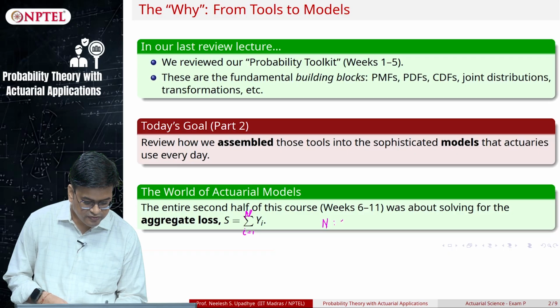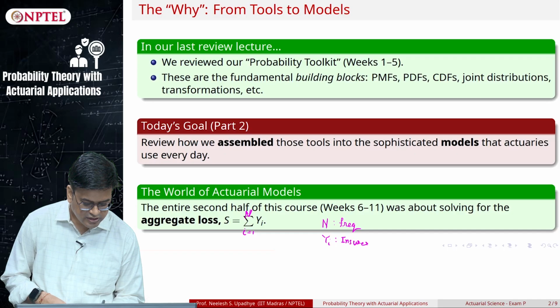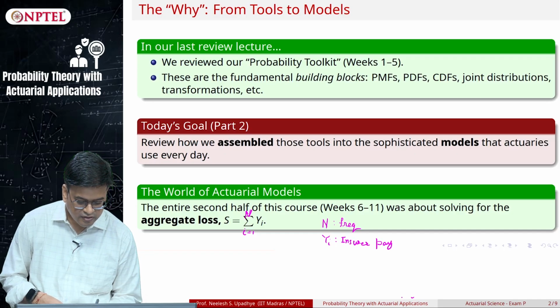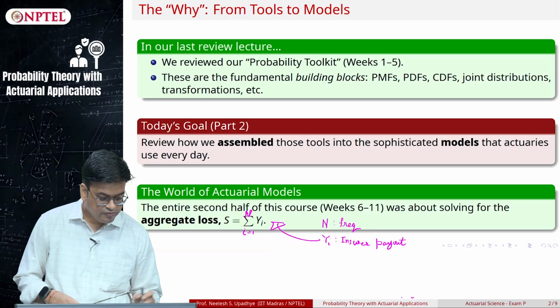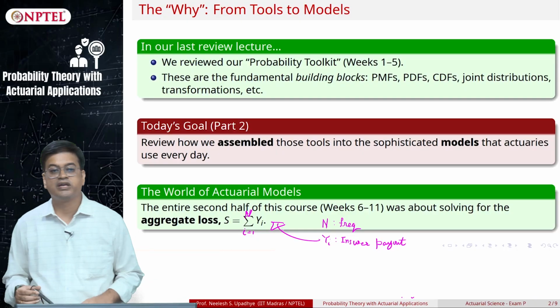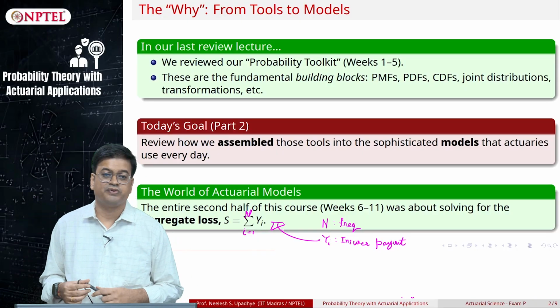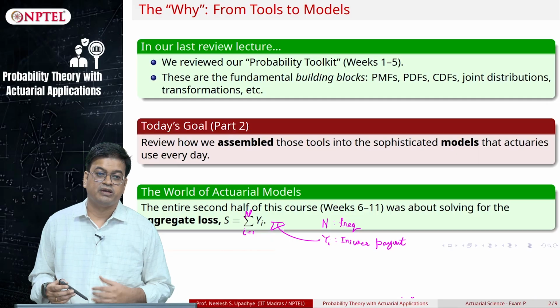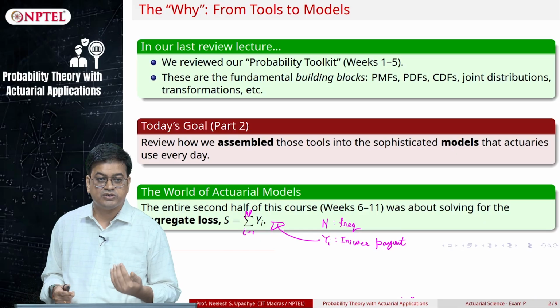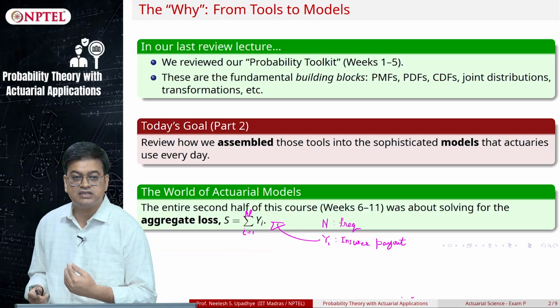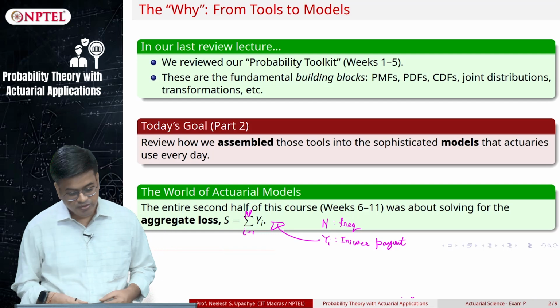We called it the frequency variable, and the Yi's are the insurer payouts. With all this in mind, we developed this theory, and finally we were able to solve the aggregate loss problem. We were able to approximate the distribution of S, and therefore define the expected insurance premium that the insurance company should take from the people.